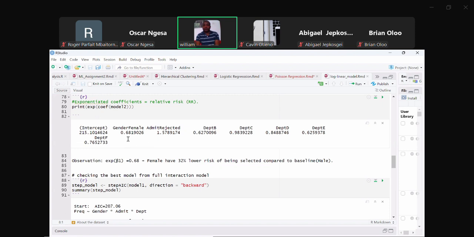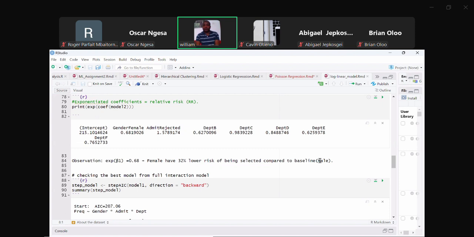Okay, so this is what we have here. Like for example, if we have gender female 0.68, what does it mean? So remember I said if it is 0, it's not 1, then you have to look at what is lacking here to make it 1. So observation beta 1 0.68, female have 32% lower risk of being selected compared to baseline male.